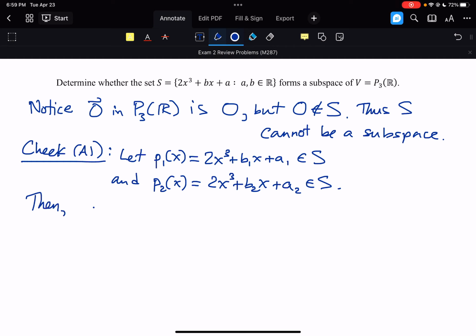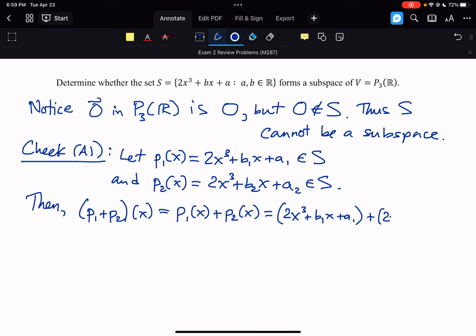Then P1 plus P2 of x, which is just P1 of x plus P2 of x, is 2x cubed plus b1x plus a1 plus 2x cubed plus b2x plus a2. If we combine like terms, we get 4x cubed plus (b1 plus b2)x plus (a1 plus a2).